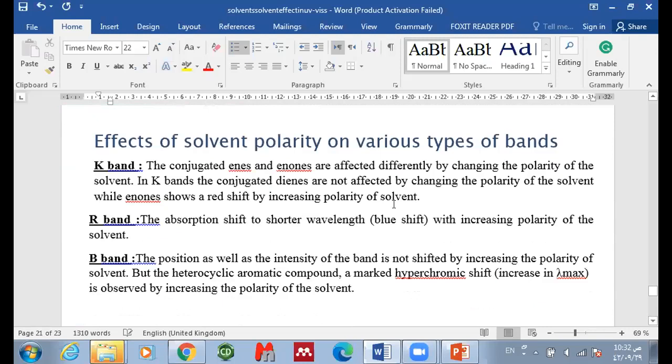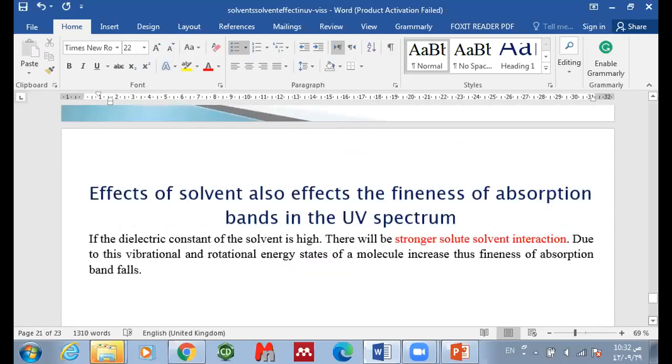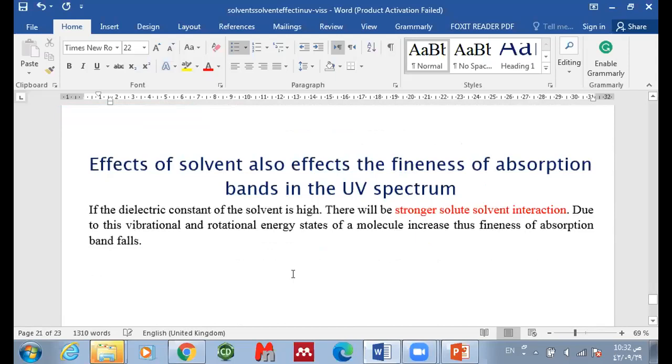I can skip this one, it is not important. So this is the obvious effect. Effect of solvent also affects the fineness of the absorption band.